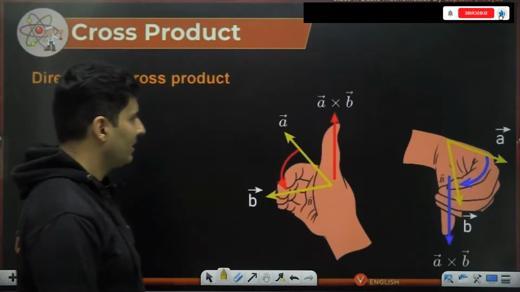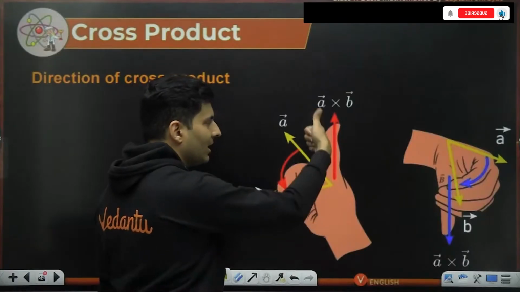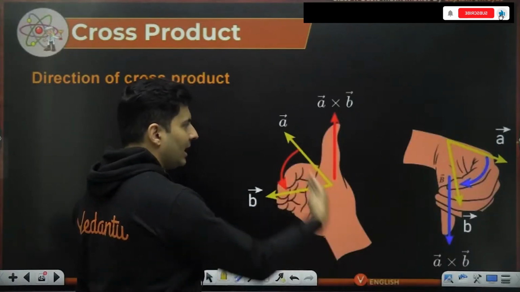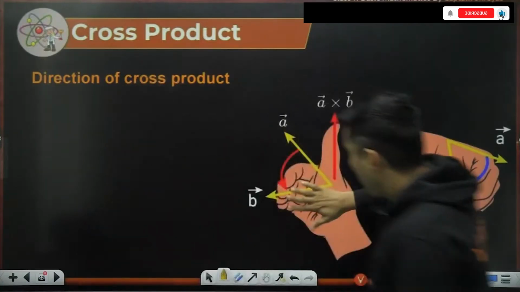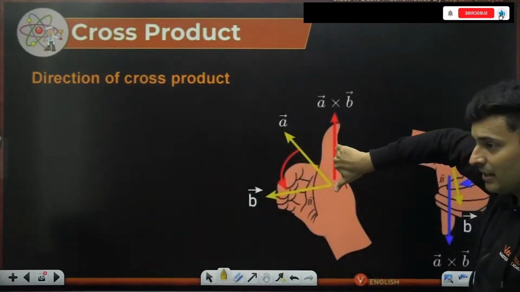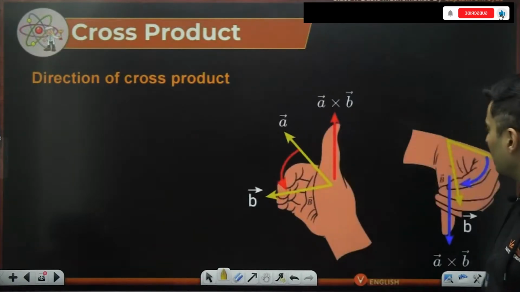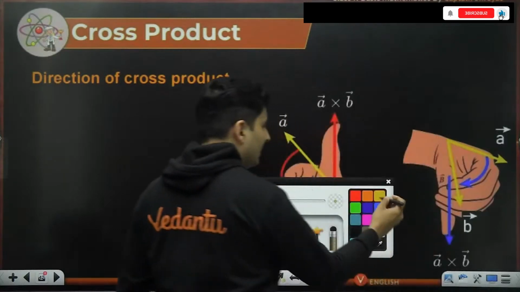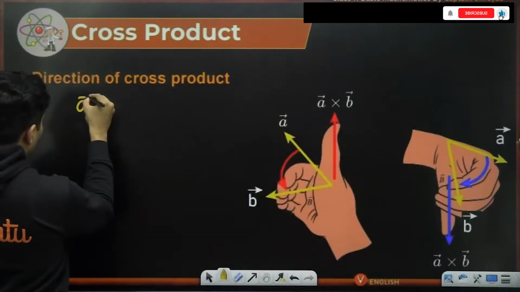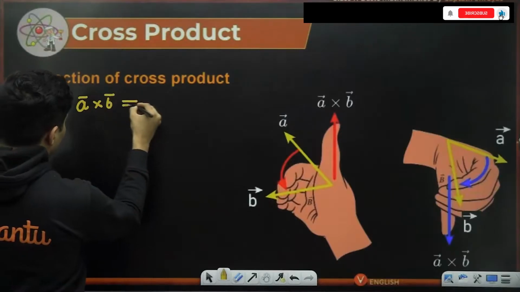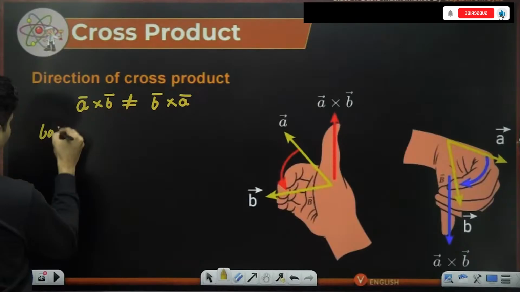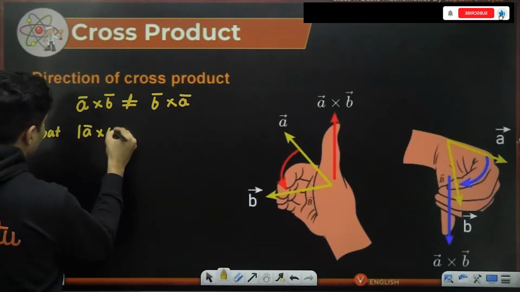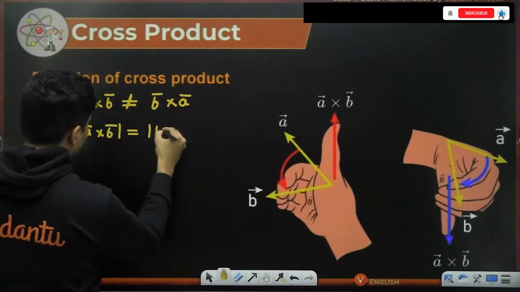The direction of the cross product. If you do A cross B, if it is up, see, A is this way, B is this way. A cross B will go up. But if you do B first and then A, thumb will point down. So you should know this definitely, that A cross B is not the same as B cross A, but magnitude wise it is the same, direction wise opposite.